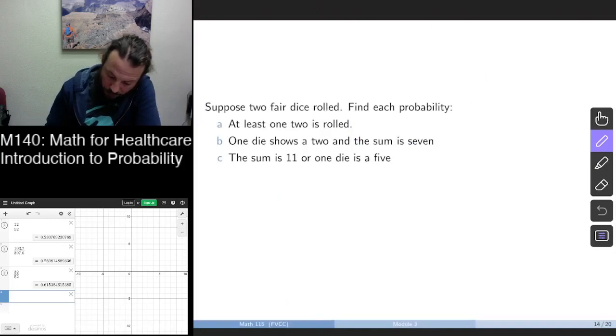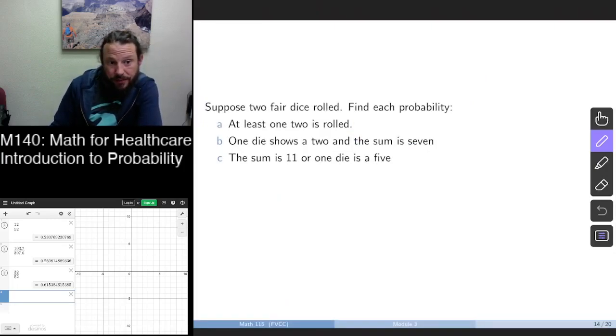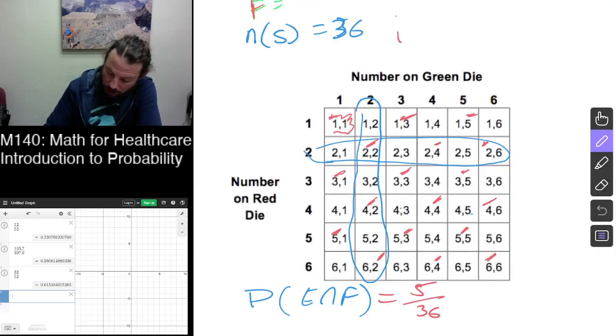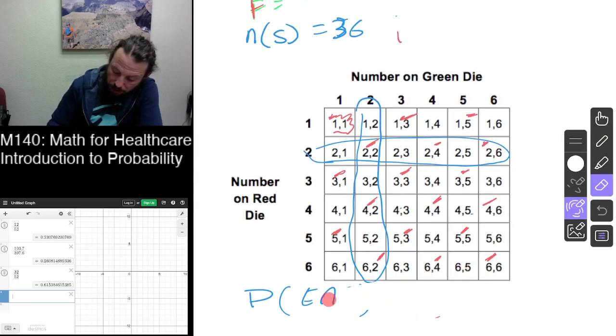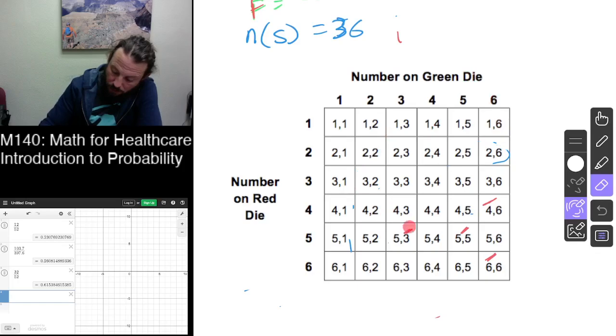The sum is 11, or one die is a 5. Now, we could use our union rule, or we could use our sample space. And I advise printing out these things so you can switch them in. So what are our two sets?